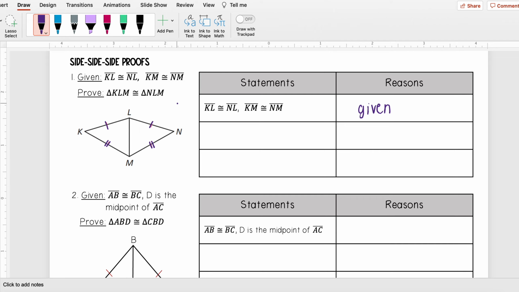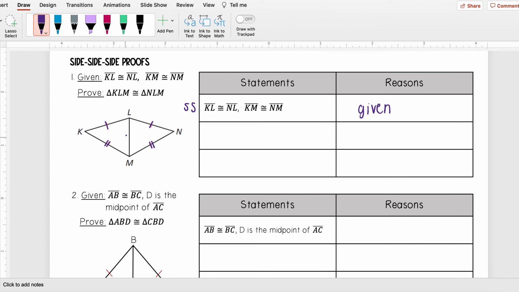Well, we just learned from our side, side, side congruence theorem that if three sides are congruent to three sides of another triangle, then the triangles are congruent. Right now, I already have two pairs of congruent sides, so I'm just going to make a note of that on the side here. I have two sides already. So now I just need to show that this third side's congruent.